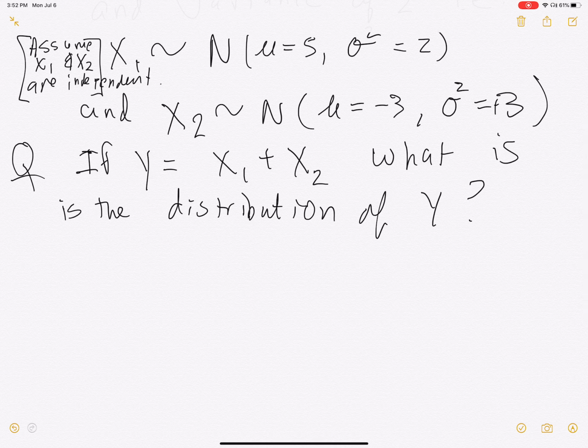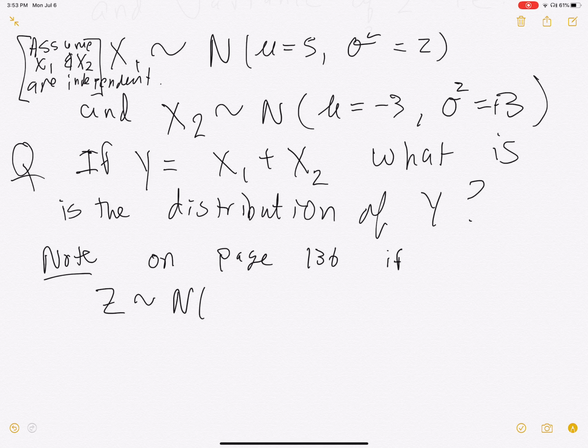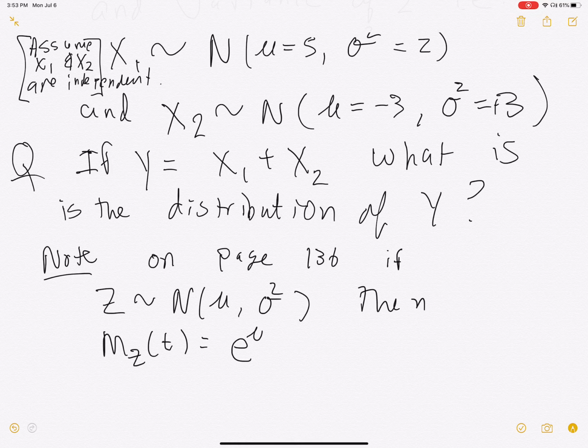So first we're going to note, on page 136, if z is normal with mean mu and variance sigma squared, then the moment generating function of z is going to be e to the mu t plus sigma squared times t squared over 2.